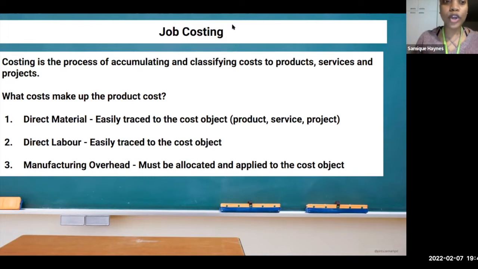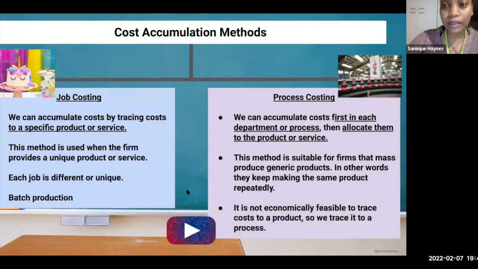It's easy. The one we don't know very easily is manufacturing overhead, because this cost cannot be traced easily to a unit of product. We have to allocate these costs to a cost object. Because we cannot trace, we have to allocate. So we're going to be learning about how we allocate in today's class.